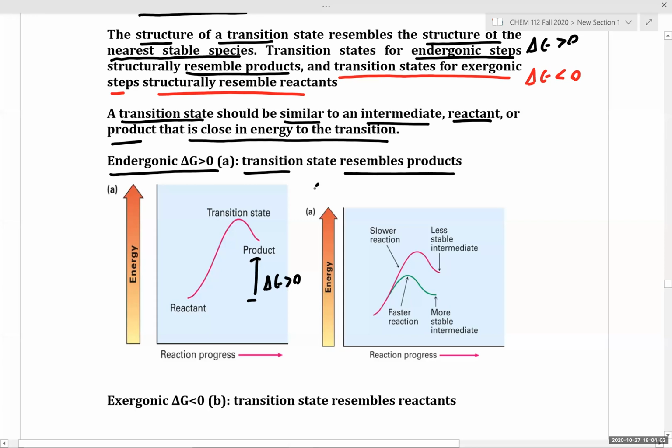I'd like you to turn your attention to this graph on the right. Okay, so we clearly see that this is an endergonic reaction, right? Our Gibbs energy of reaction is greater than 0, right? Does everyone see that?